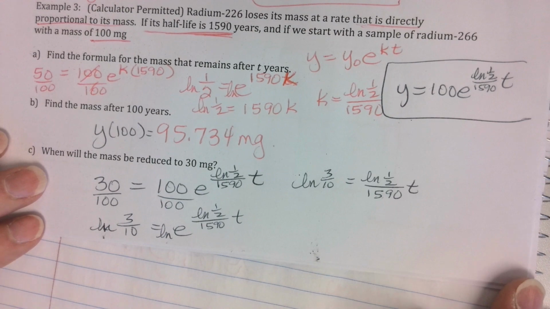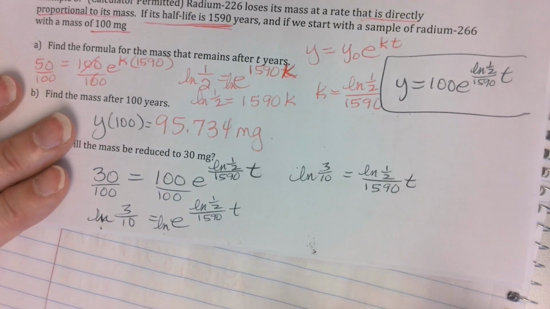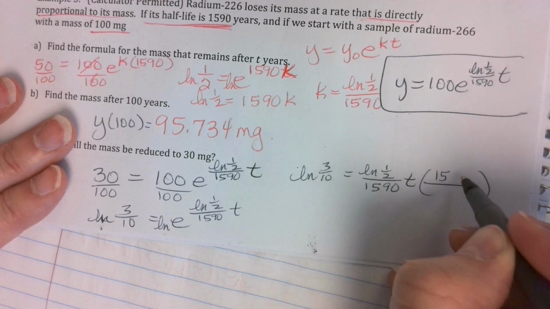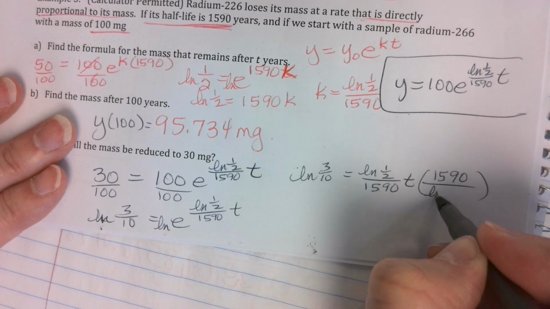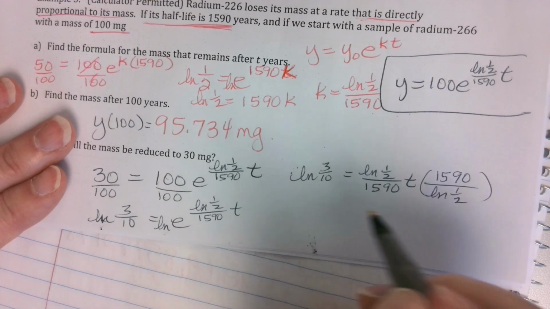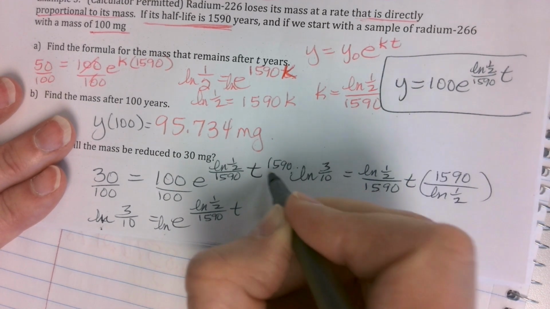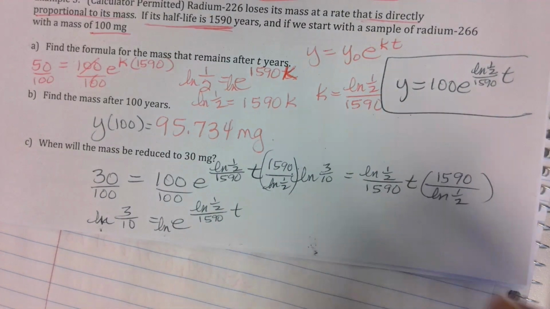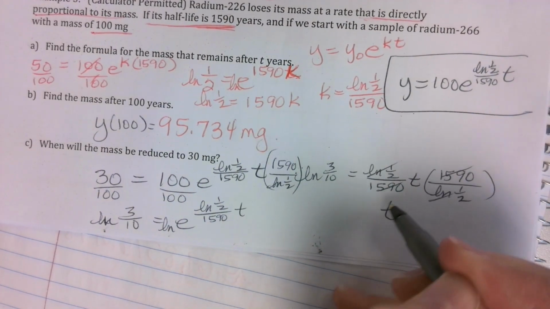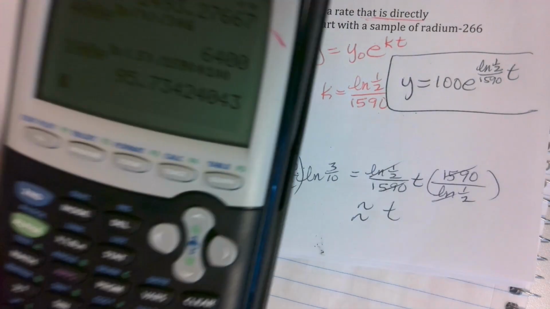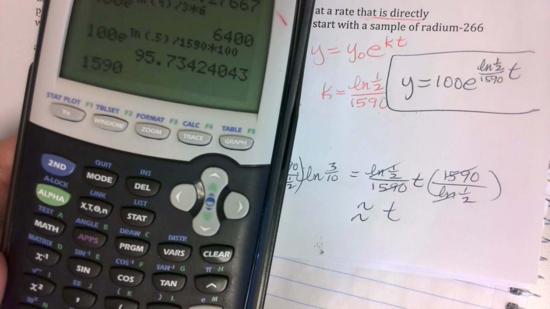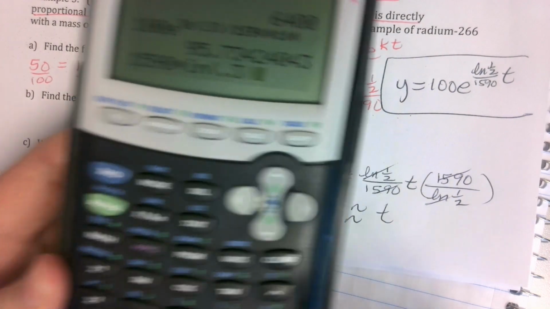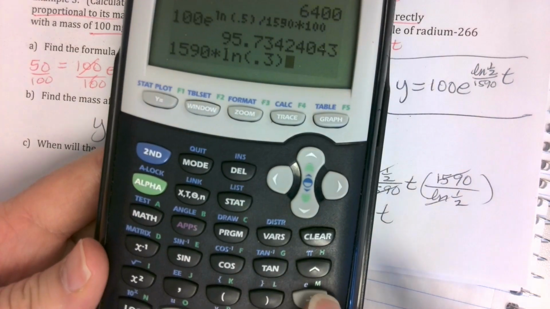So what are we going to do now to actually solve for the t? Flip and multiply. Flip and multiply them. Flip and multiply. 1590 times ln 3/10 divided by ln of 1/2.